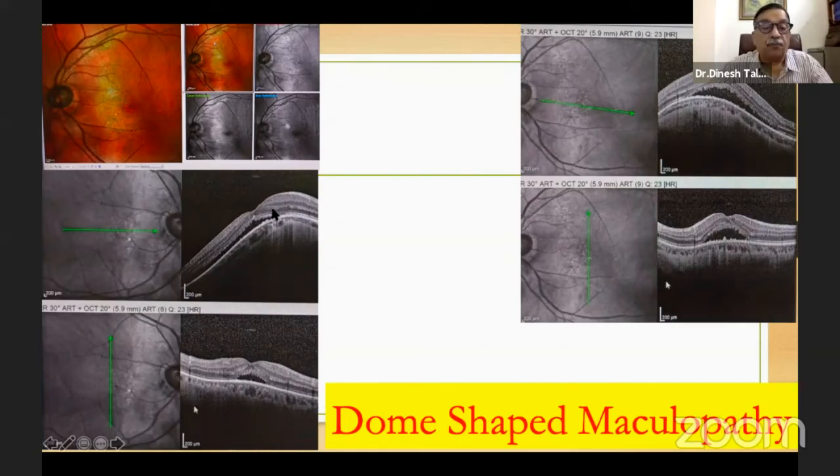This is a dome-shaped maculopathy. This is a myopic patient, and if you see this kind of dome appearance, it's not there in all the quadrants. It may be there in one quadrant, may not be there in the other quadrant, as in this patient. In the vertical quadrant, it's not there. In the horizontal quadrant, you see there's this huge dome. This is a dome-shaped maculopathy, and this is not a CNVM, and this is not a CSR either.